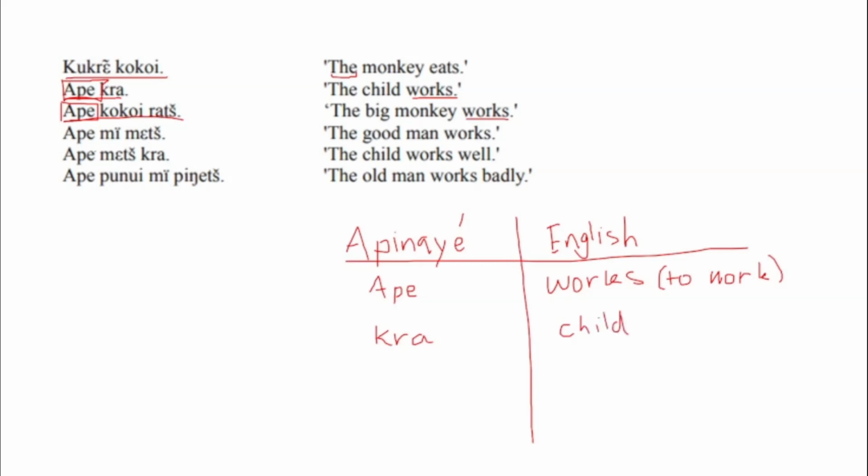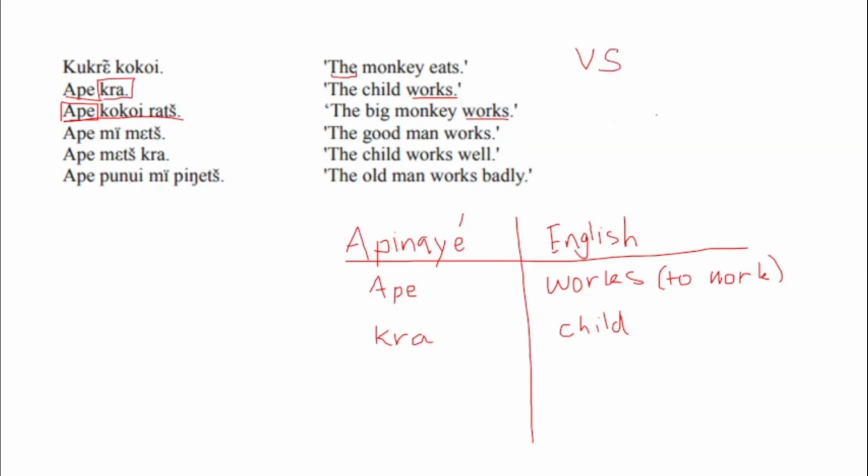And just from this sentence, let me erase some of the markings that I've done. Just from this individual sentence, we can get the order of the language. So this is a verb, right? So we know that the verb comes first. Then this is the subject, kra, the child. So it's verb, subject.